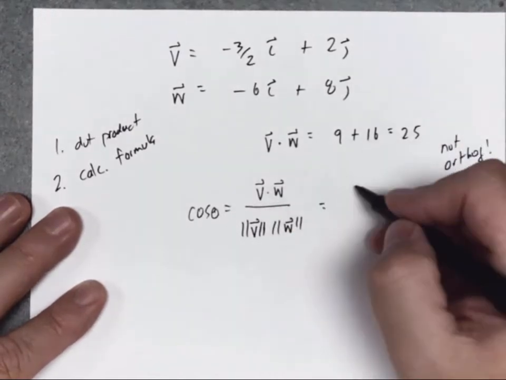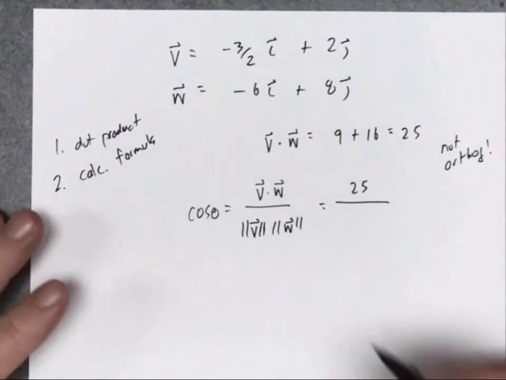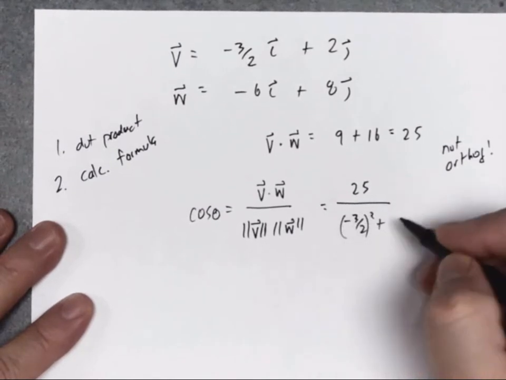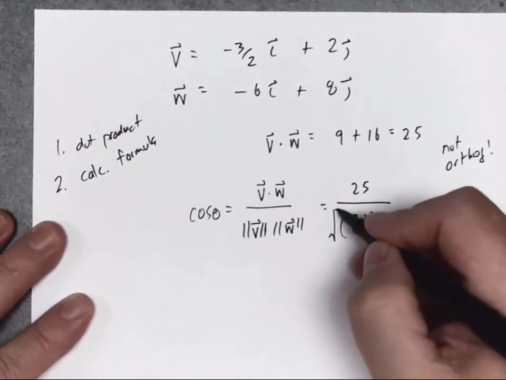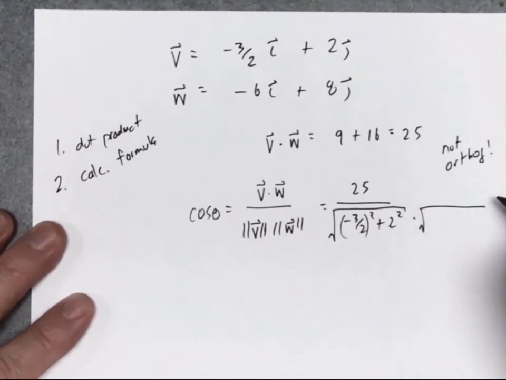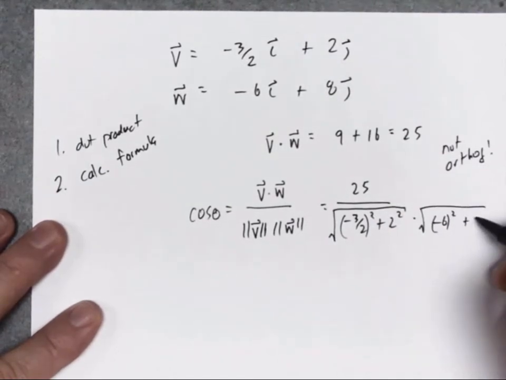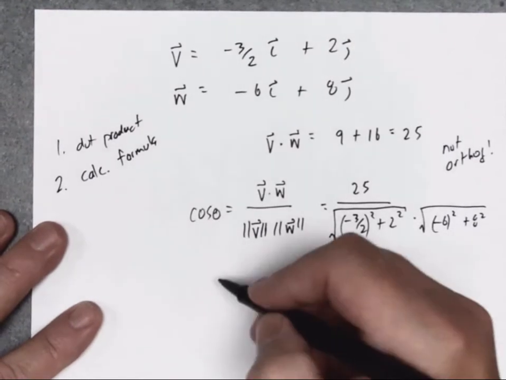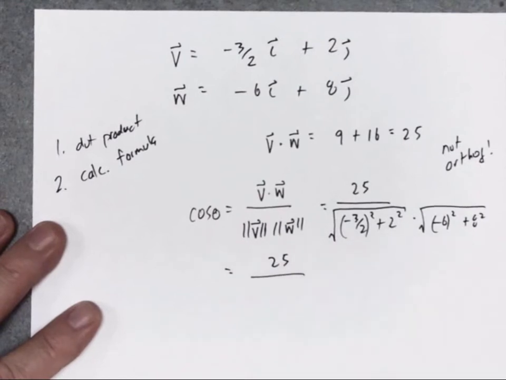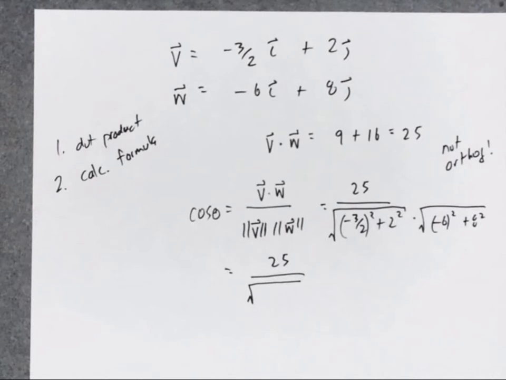I've already done the dot product, which is 25. Now I got to find the magnitudes of these vectors. So for V, -3/2 squared plus 2 squared, whole thing square root, -6 squared plus 8 squared. So 25 over, that's what, 9/4 plus 4? Wow.